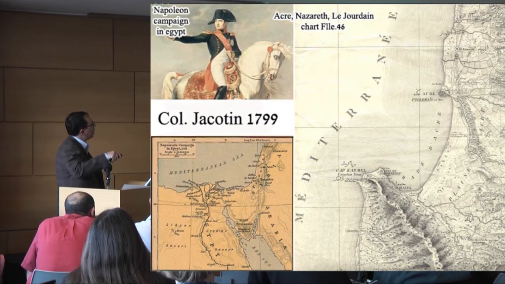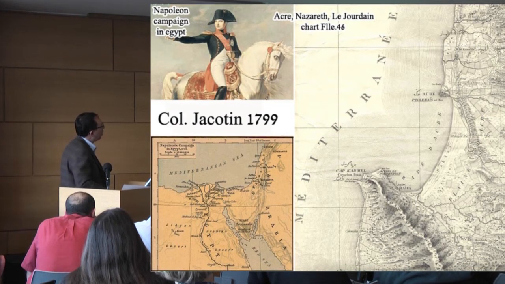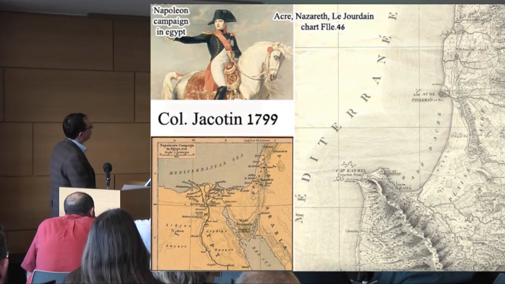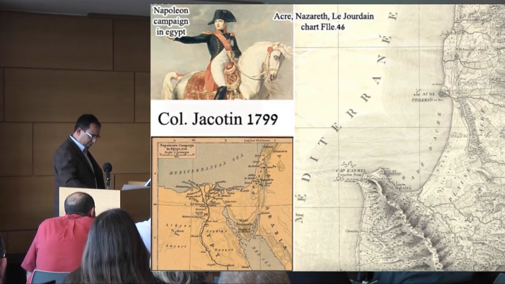Actually, only two-thirds of the area in Haifa Bay is accurate. All the other parts, especially the Kishon and the Carmel coast and the Galilee coast, are not accurate. But this is the first map that we use.